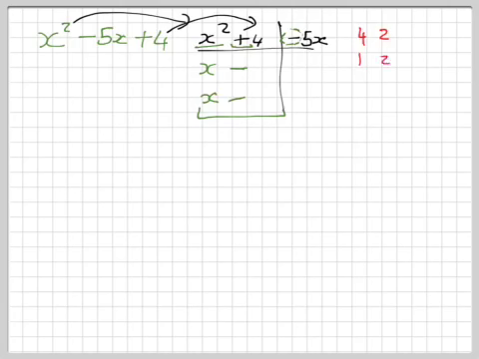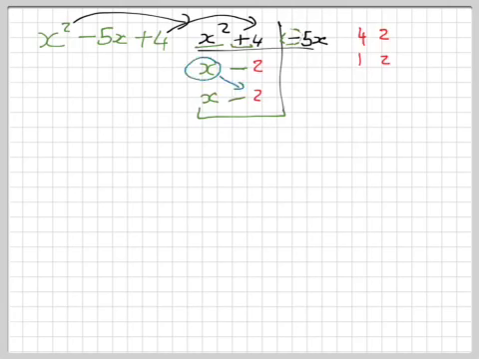After a while, ladies and gents, you will get used to which ones will work and which ones won't work. So let's try and see. Well, 2 times by 2 gives me 4. So let's cross multiply to see whether this works out or not.